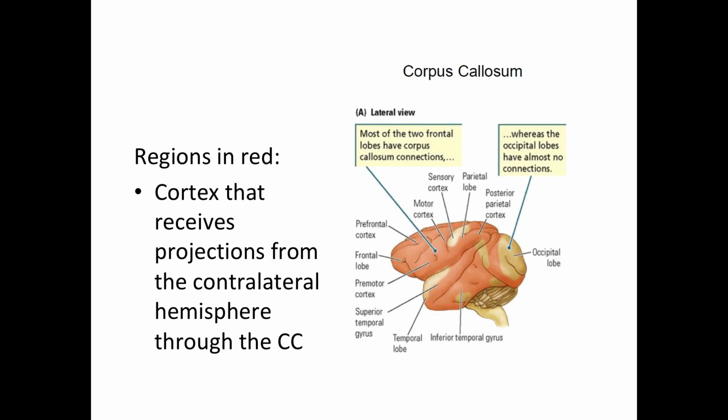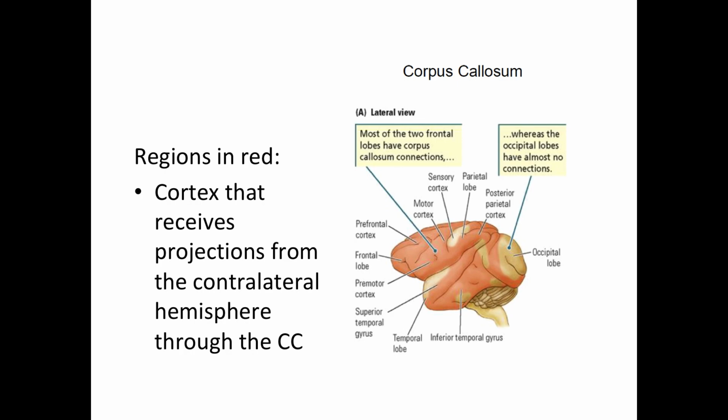But a lot of V1 is devoid of any interhemispheric connections, except for that part representing the midline of the visual world, which we also call the visual meridian. In functional terms, V1 represents the visual world topographically, and there is no need for one half of the representation to be connected to the other.